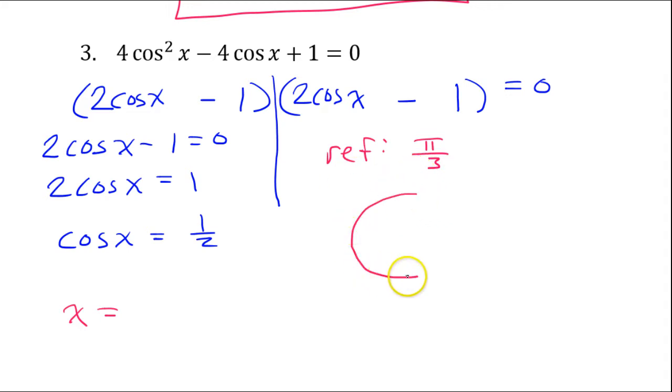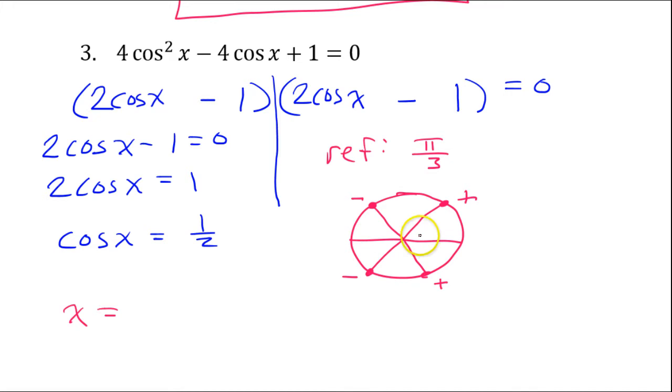Now look at this diagram to help focus your mind. Okay, these are the 4 angles that have a reference angle of pi over 3. Cosine is going to be positive 1/2 here and here, and it will be negative 1/2 here and here.